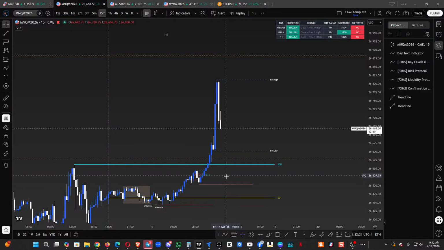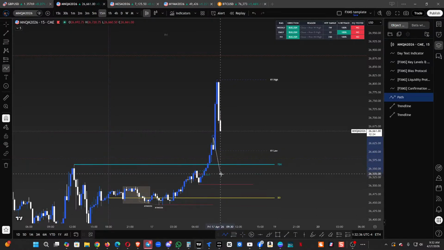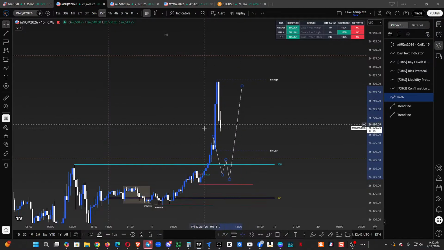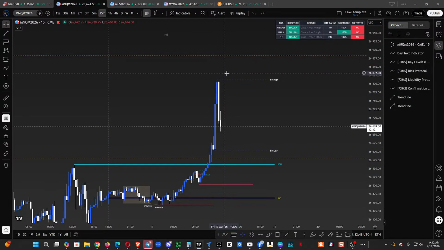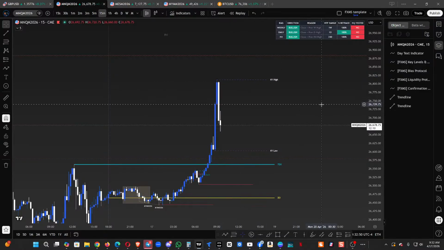Price dipped into it, swept some sort of low. And what I wanted to see was price come back, make some sort of low like this, sweep it, and then give us the move up, right? Unfortunately, we had none of that. Instead, we just saw price basically move straight up and through. Okay, so yeah, unfortunately, that's what happened.